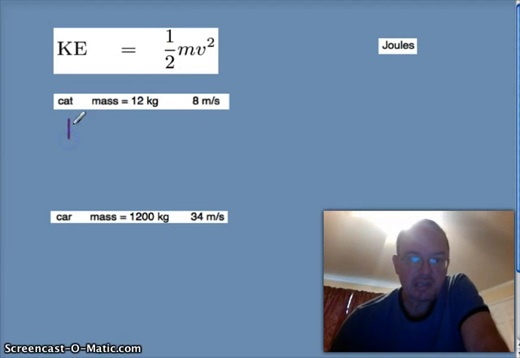So KE equals 1/2 times 12 times 8 squared. And I figure we probably ought to go ahead and get that 8 squared out. So that 8 squared is 8 times 8, which is 64.